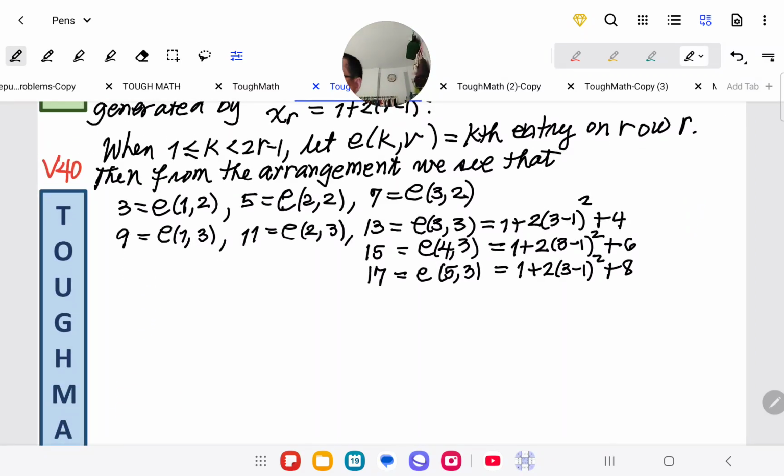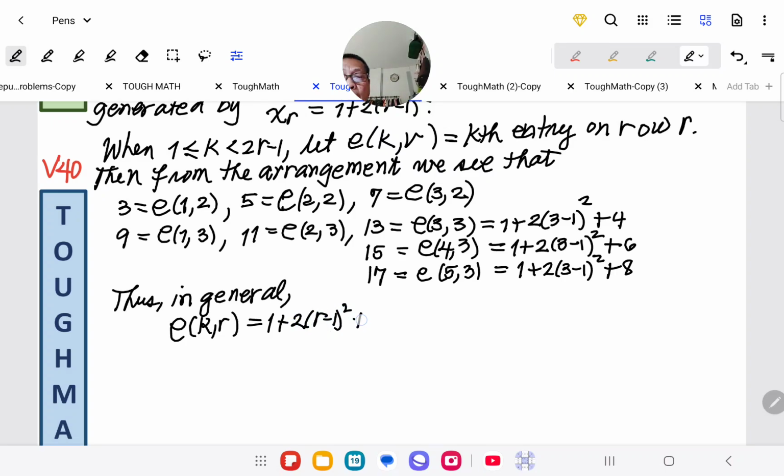Therefore, in general, E(K,R) is equal to 1 plus 2 times (R minus 1) squared plus 2 times (K minus 1), or 2K plus 2 times (R minus 1) squared minus 1.